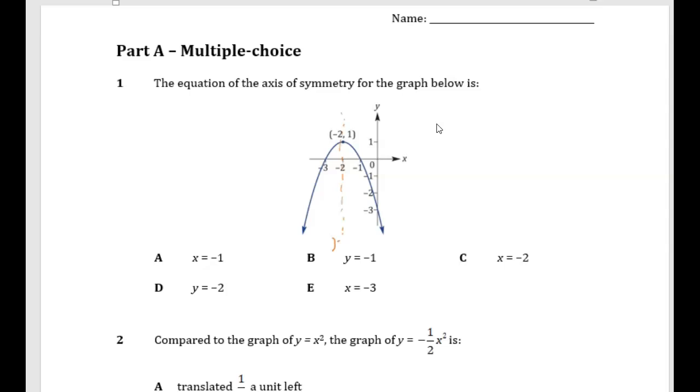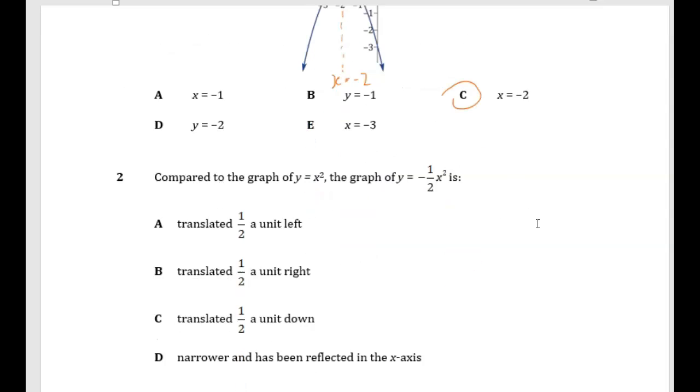That is at x equals -2, and it will always be x equals something. When you get into methods, you will be looking at different transformations, so the axis of symmetry won't always be x equals, but for the majority of the time, it will be. So x equals -2. The correct answer for that one is C.